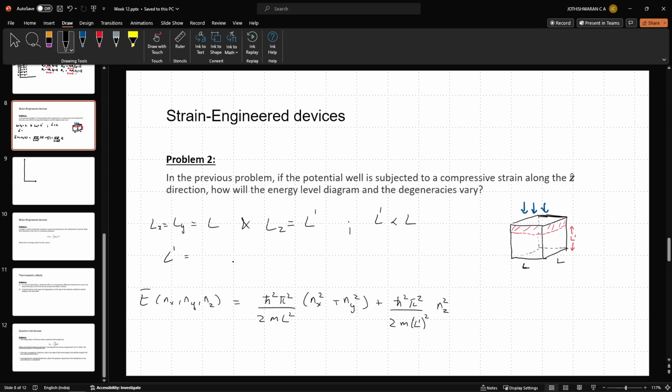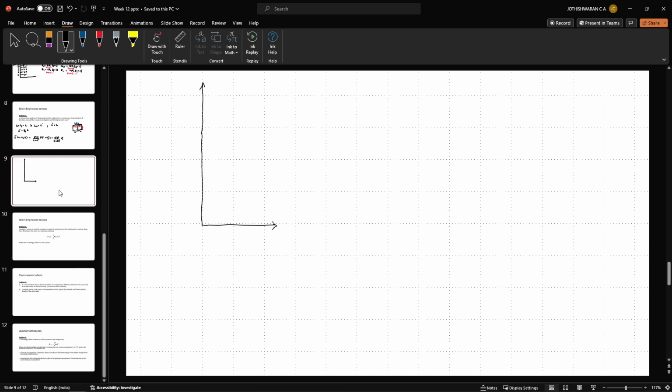Let me say 0.5 will be too bad. That will be too much compression. So let me take L dash as 3 by 4 times L. Okay, so it's kind of apparent from this figure also. So if that is the case, then what are we looking at?